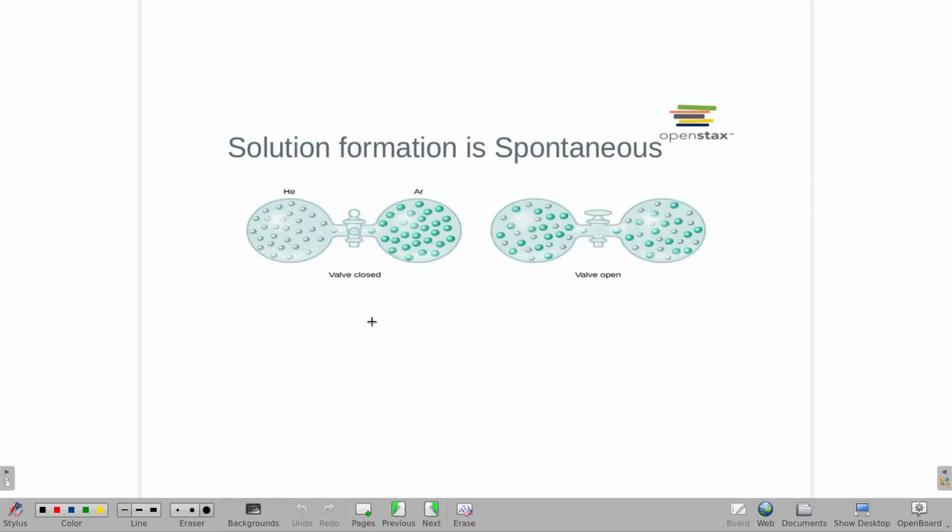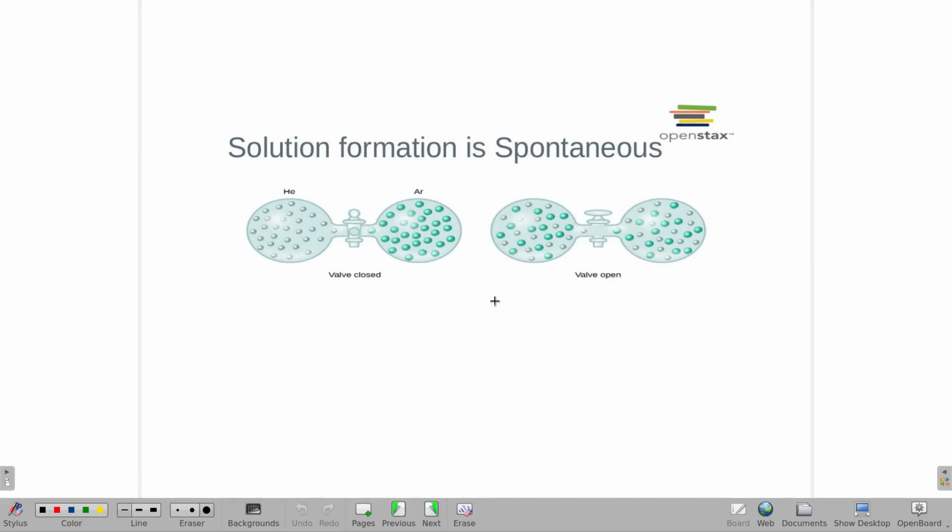All right, so we're going to first do some definitions here. The first definition we're looking at is spontaneity, or spontaneous reactions. Now, we're showing this nice little demonstration to explain what's going on here. We have two sealed containers. One side is pure helium and the other side is pure argon. If we open up that valve in the middle, and you just turn it sideways and it opens, we would expect those gases to end up mixing evenly eventually.